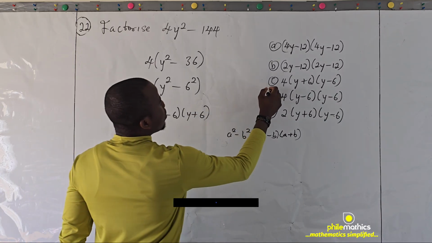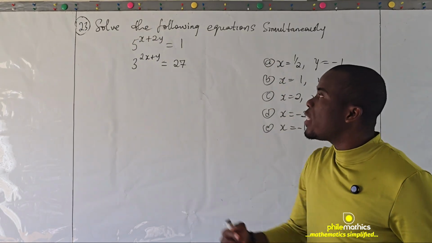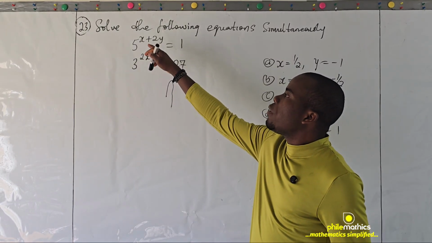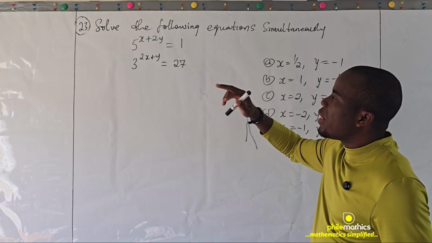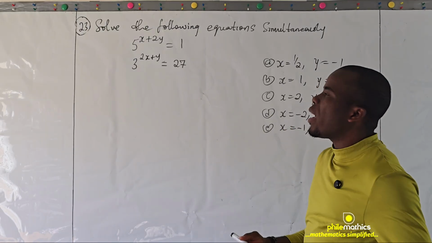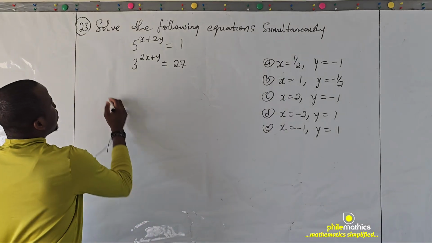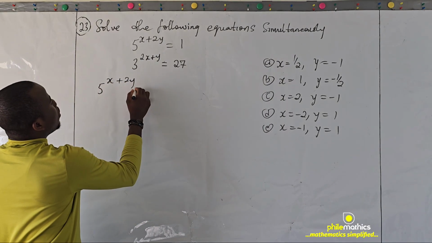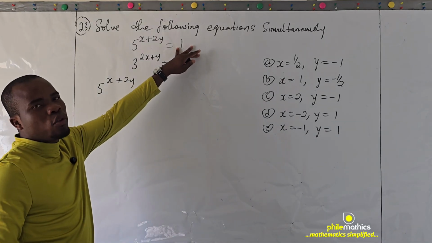And that's C. Solve the following equations simultaneously. We're asked to evaluate 5 to the power x plus 2y equals 1 and 3 to the power 2x plus y equals 27. For the first one, 5 to the power x plus 2y equals 1, we can always write 1 as 5 to the power 0.